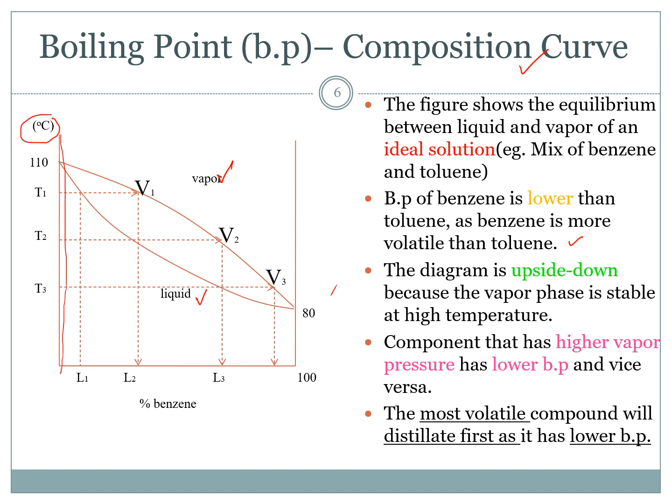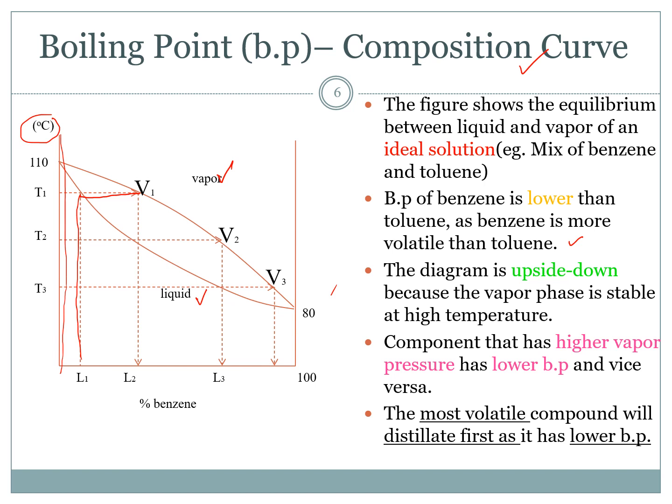So let's say the liquid benzene with composition L1 boils at T1, giving a vapor with the composition of V1.